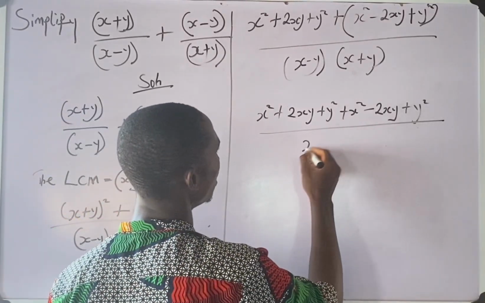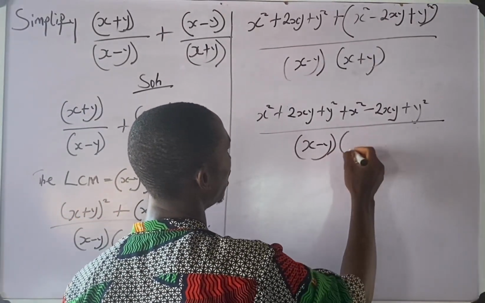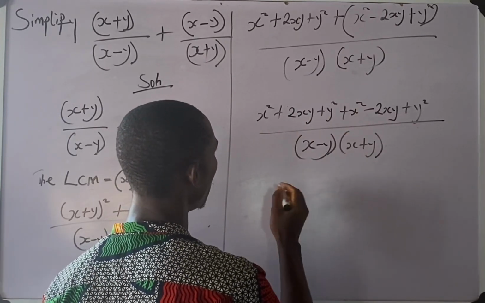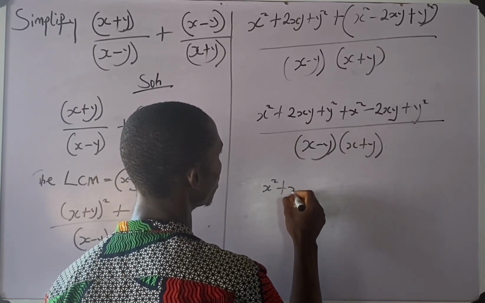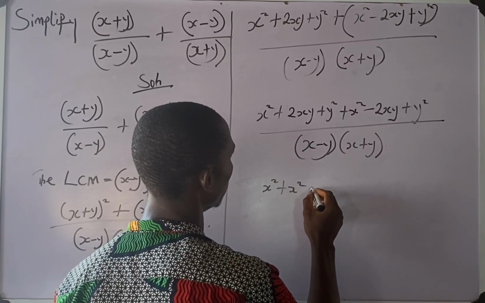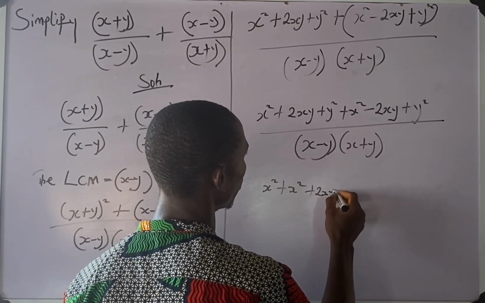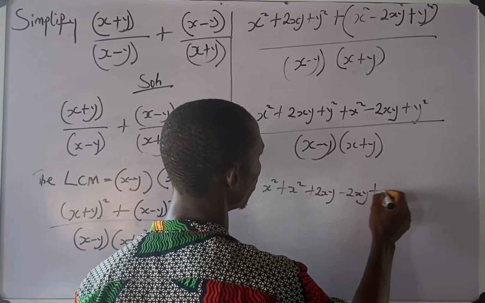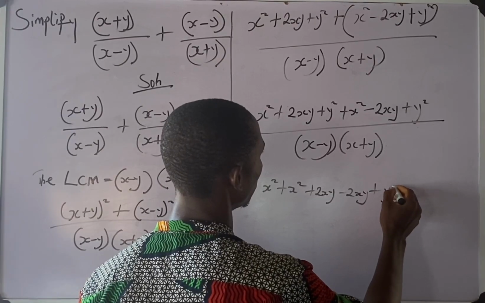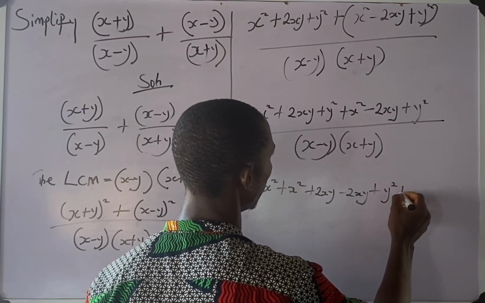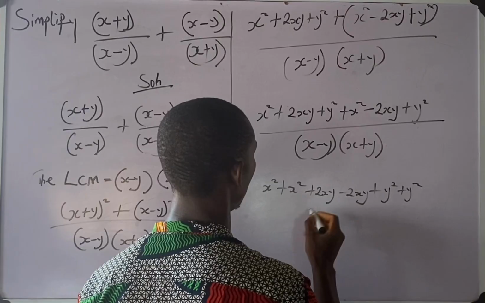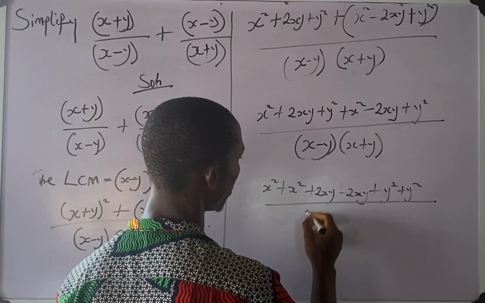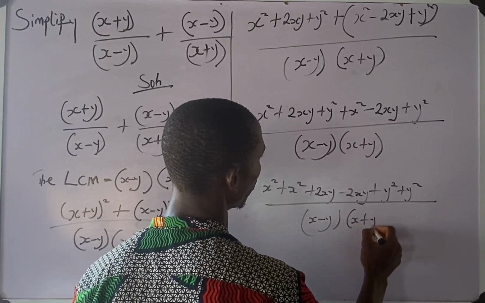So we now have (x - y)(x + y) as the denominator. When we now collect like terms, we have x squared plus x squared, plus 2xy minus 2xy, plus y squared plus y squared, all over (x - y)(x + y).